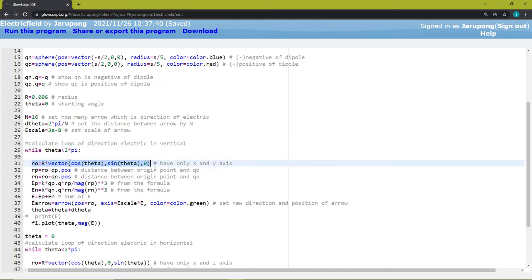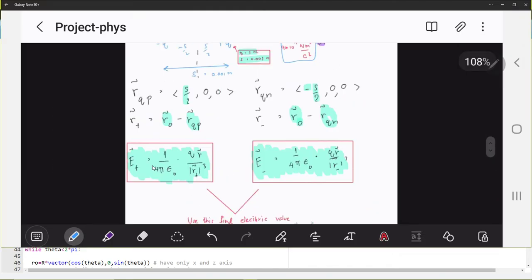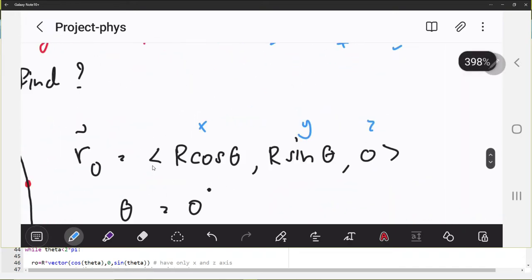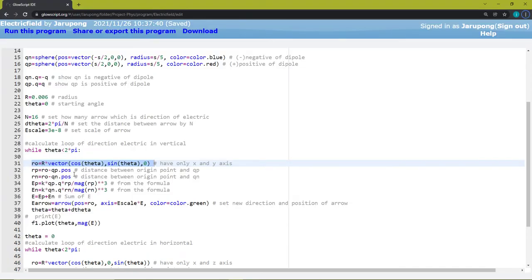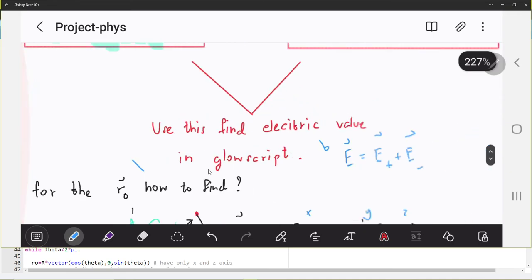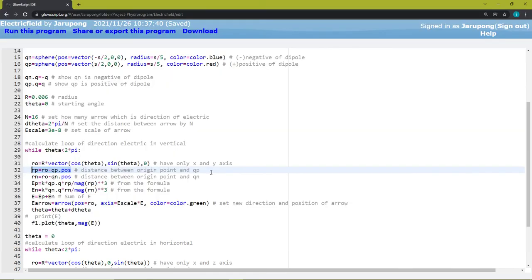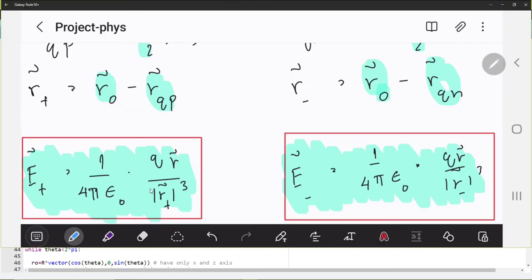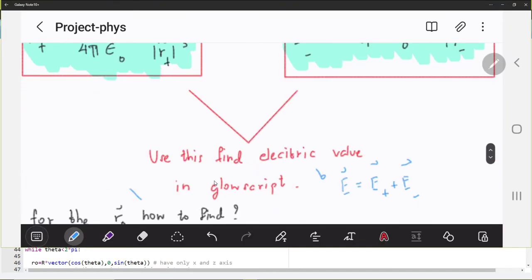So set the R0 that we have to find. This one I call R sine, and RP equal to R0, like this. In the theory, this one is the formula from this, and the main one gives the positive and negative addition.